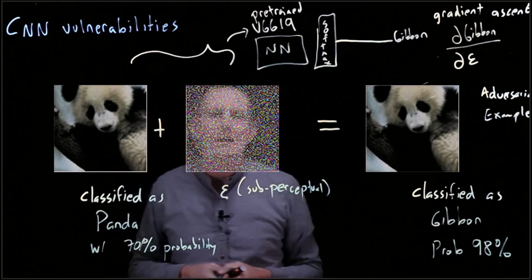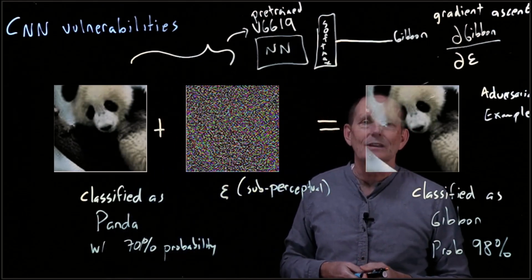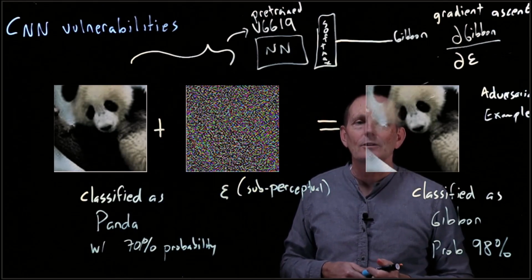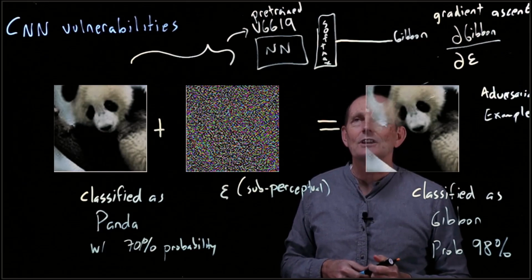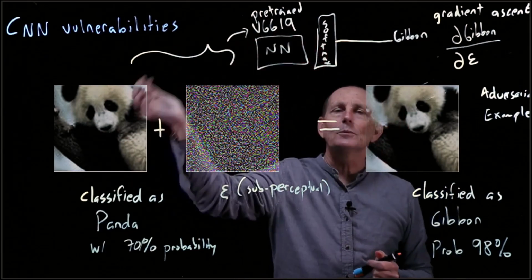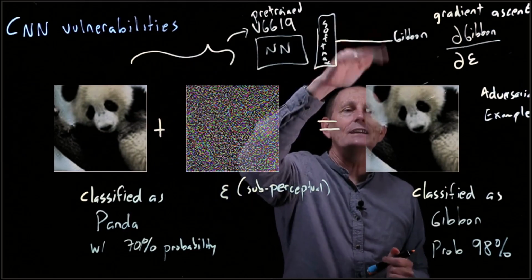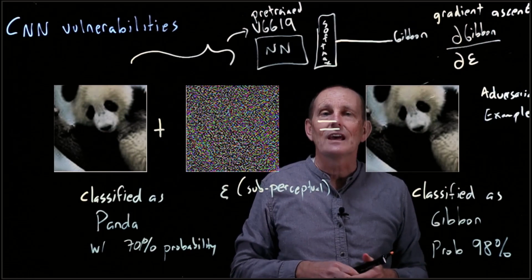If we just make sure to have our weights hidden so that the adversaries can't get hold of them, then we'd be safe, right? And the answer is unfortunately no. Adversaries, even if this is a black box, as long as they have the ability to feed in images and find out what the results are, can do this as well.